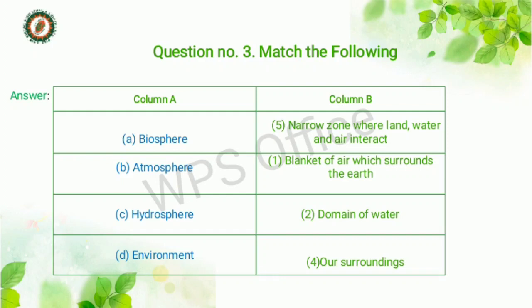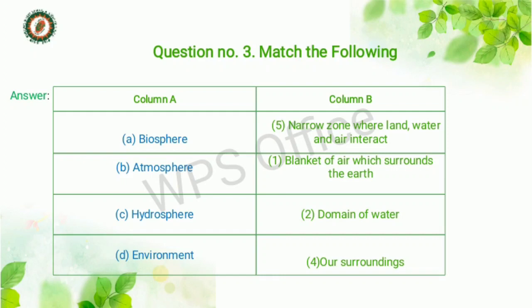So atmosphere is a blanket of air which surrounds the earth. Next, column A, option C, hydrosphere, will be matched with column B, option number 2, the domain of water. So hydrosphere means domain of water.